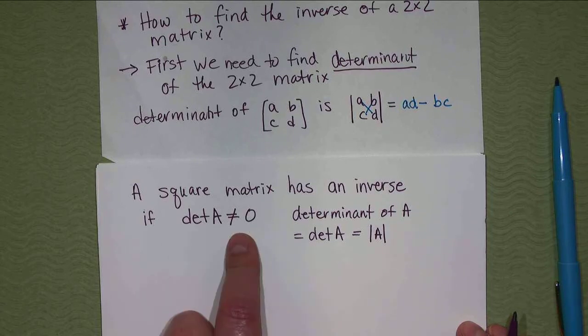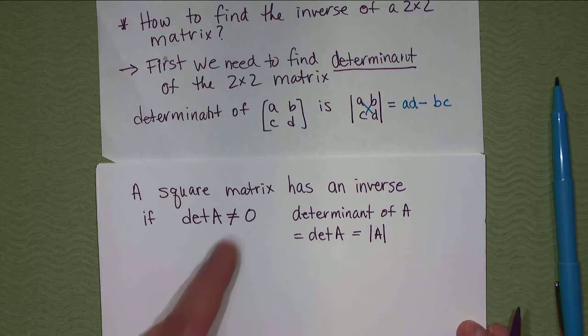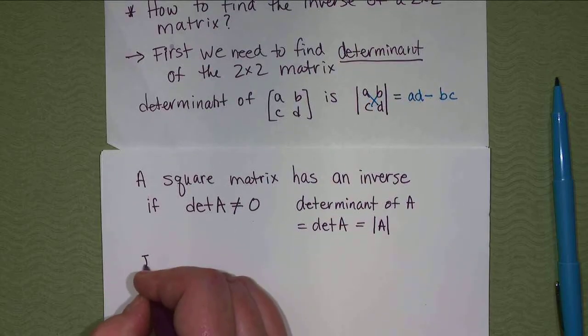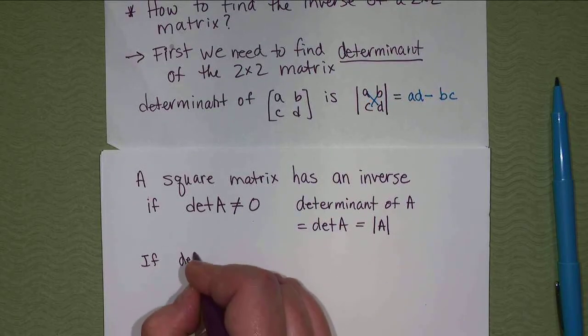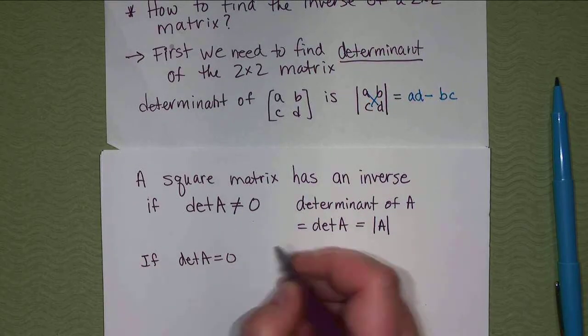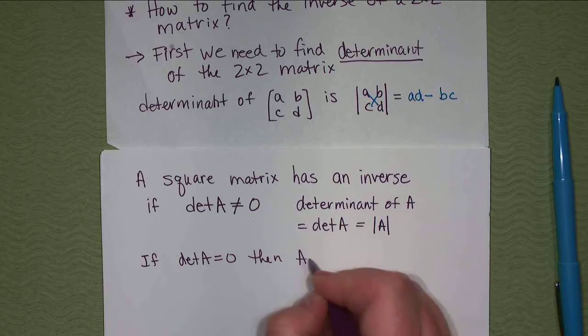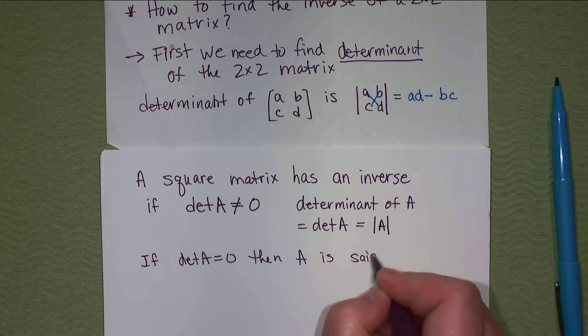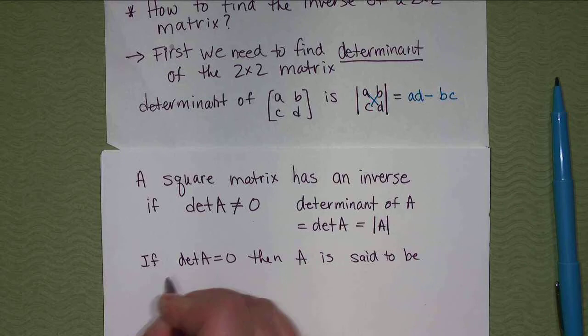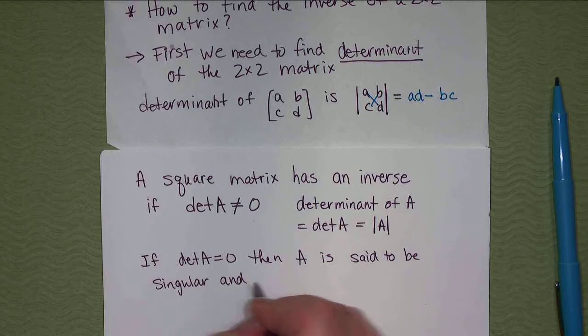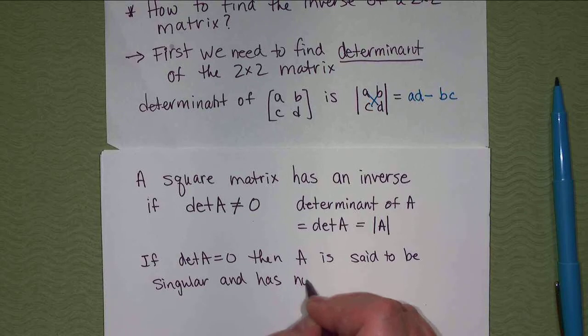So as long as the determinant's not 0. If the determinant is 0, then A is said to be singular and has no inverse.